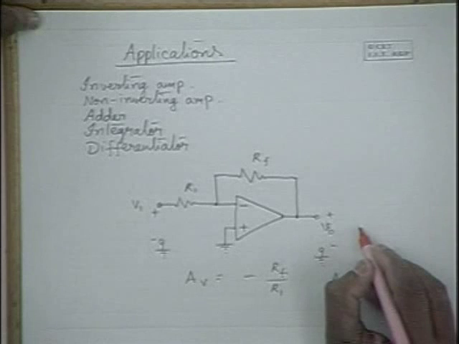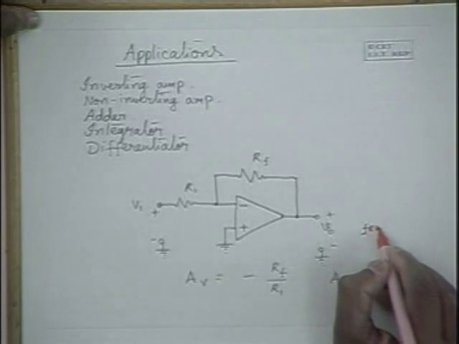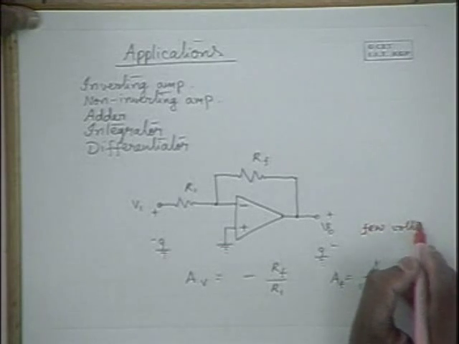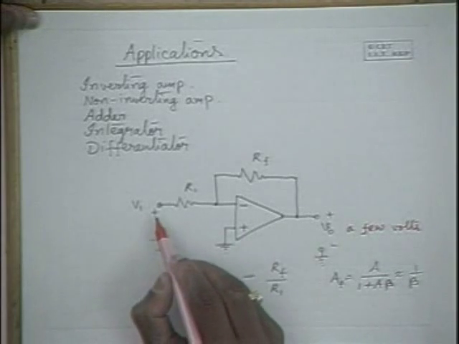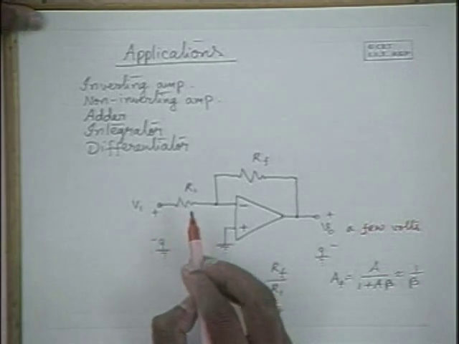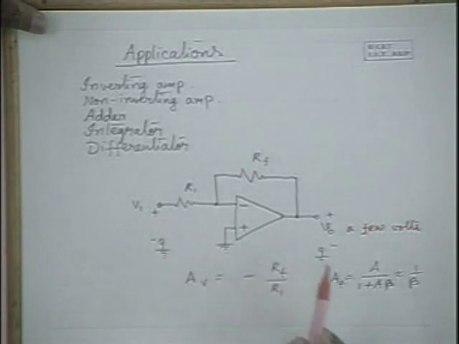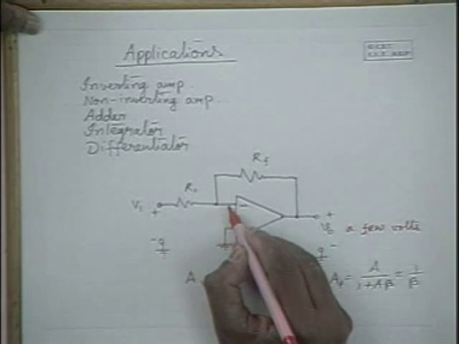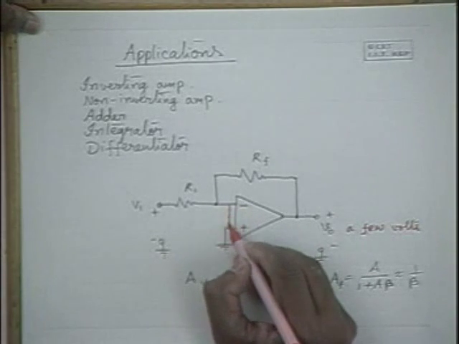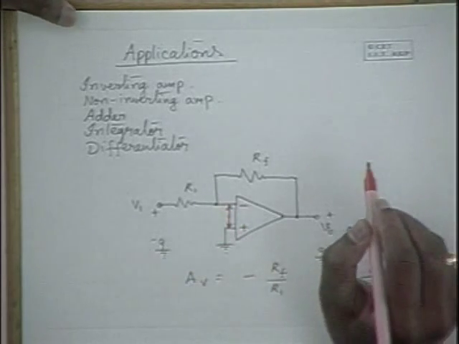When the output voltage is reasonable, that means when the output voltage is of the order of a few volts and it is not saturated, and the input voltage is of the order of some millivolts or volts, then the voltage you find across these two terminals is negligibly small.